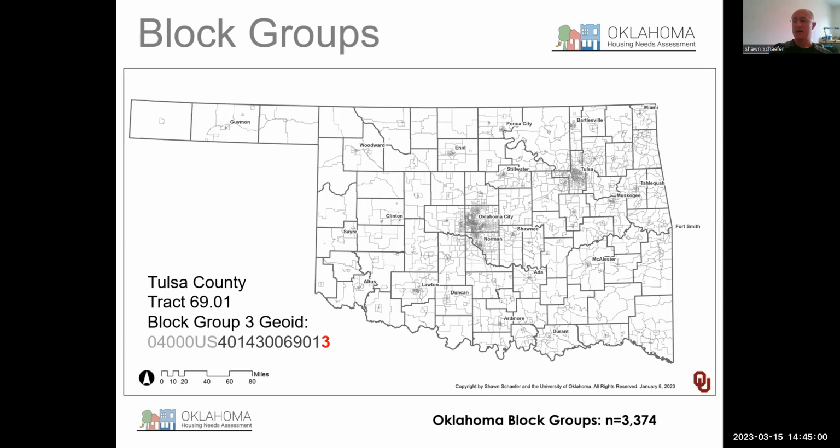Usually there are no more than 4 or 5 block groups in a tract, so they only need 1 digit for that. And all the blocks in that tract are going to start with that same block group number. Where I live, my block group is number 3. So you can see the geo ID listed there.